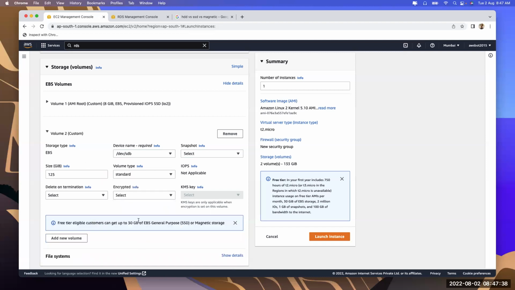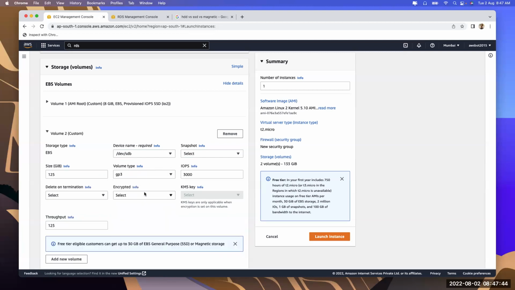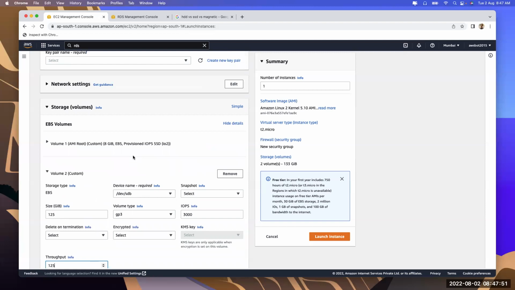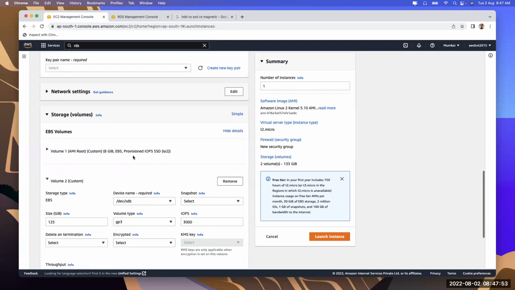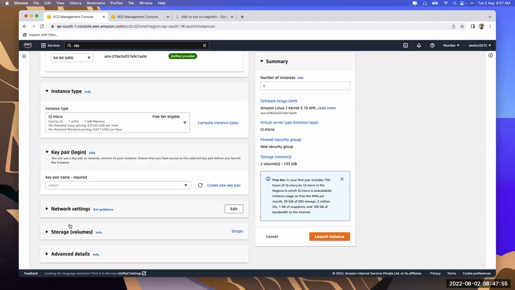Finally, if I go for magnetic, I have neither IOPS nor throughput. And in the end, if I go for GP3, I have both IOPS and throughput. This part, I want to believe you understand automatically now because we are done with our volumes.